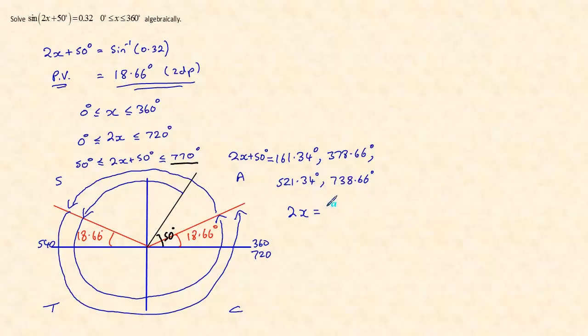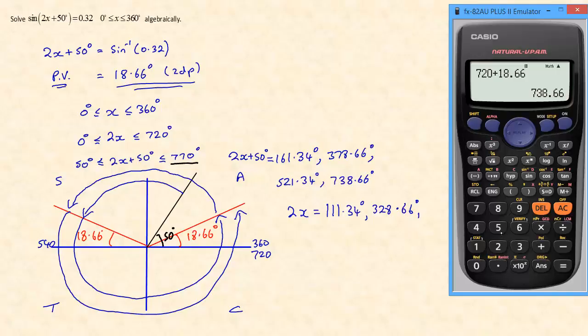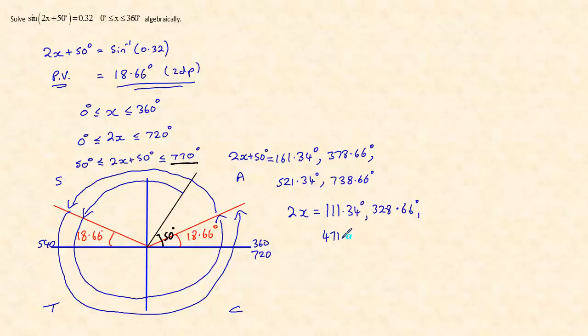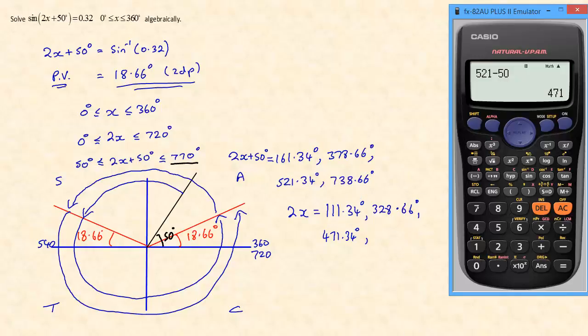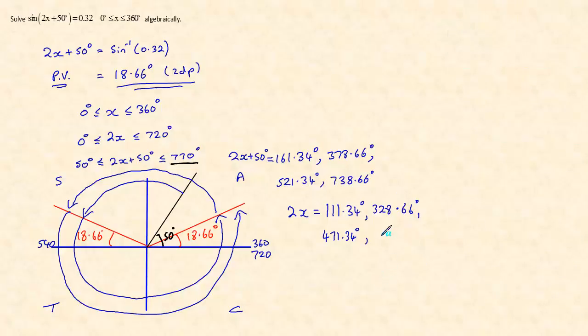So we'll get 111.34, 328.66, then 521, take away 50, 471.34, and 738, so 688.66.